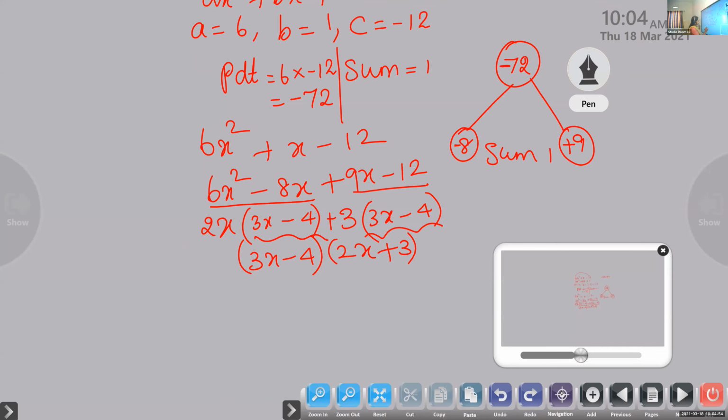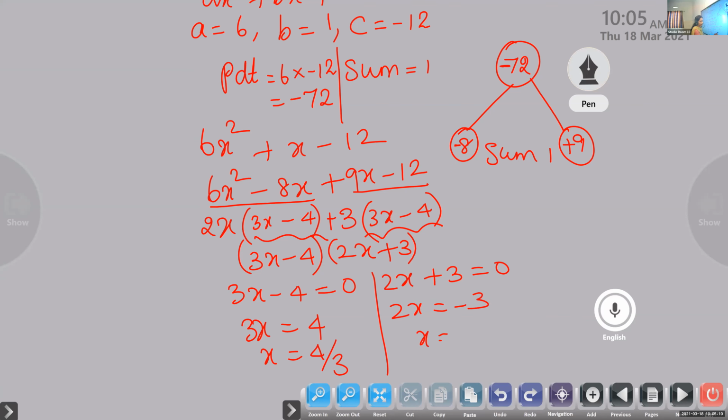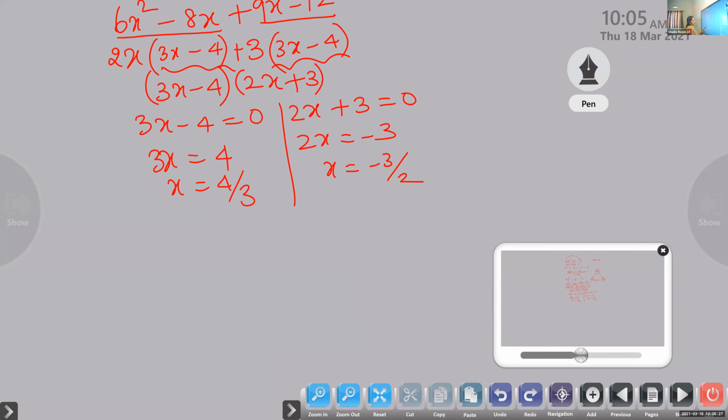Now equate each factor to 0. 3x minus 4 is 0, so 3x is equal to 4, so x is 4 by 3. In the same way, equate the other one to 0. 2x plus 3 is 0, so 2x is equal to minus 3. x is minus 3 by 2.